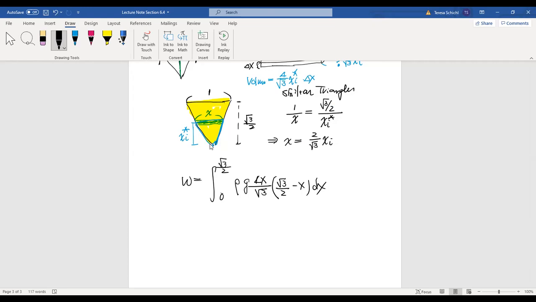So with density and the gravitation unknown, but you can treat them as constants, the final answer will be rho g over 4.